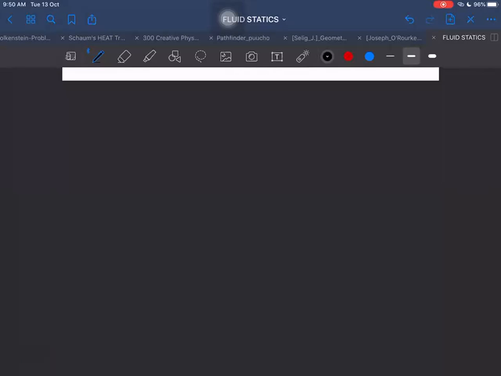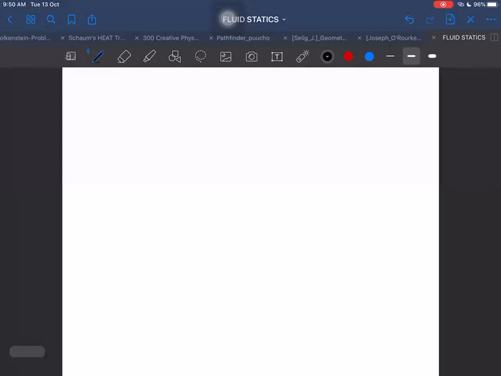Now I am asking you, what is the pressure at the bottom of the tube? I am giving you this tube here. This tube is open to the atmosphere, and the acceleration this side is A. This angle is theta.